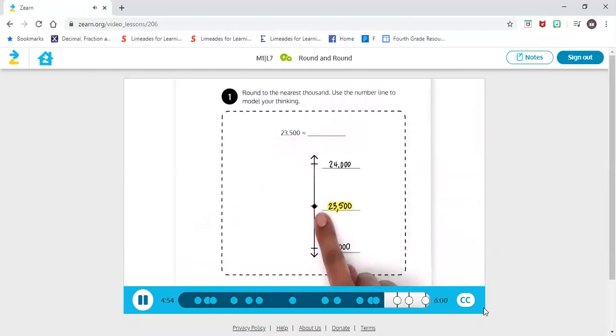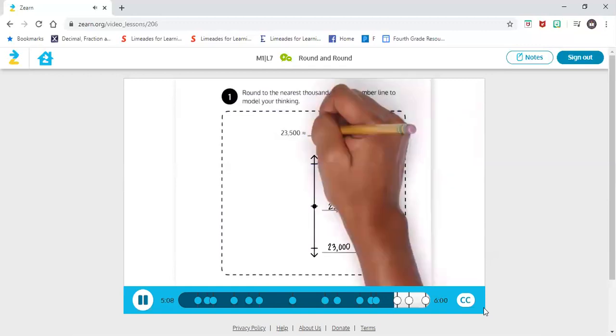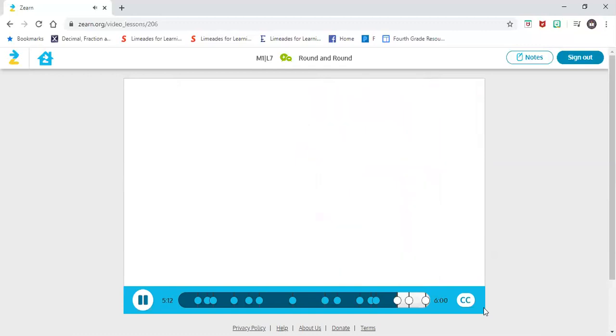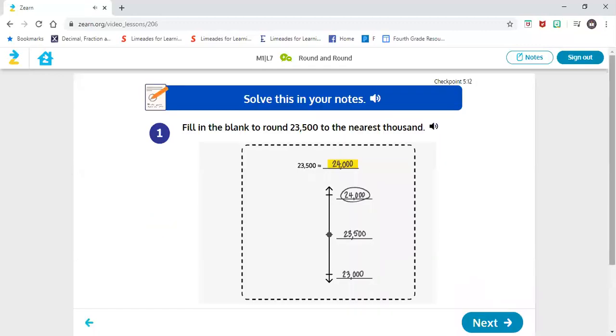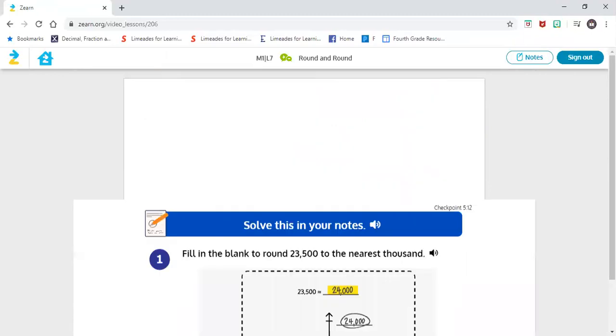It's right on the midpoint. Mathematicians decided that when a number falls right on the midpoint, we always round up. So 23,500 rounded to the nearest thousand is 24,000. Write that here. Go ahead and fill that in on your paper, and let's keep going.